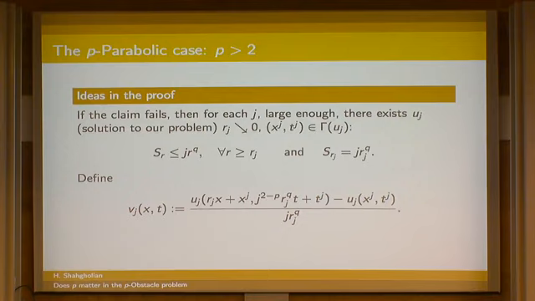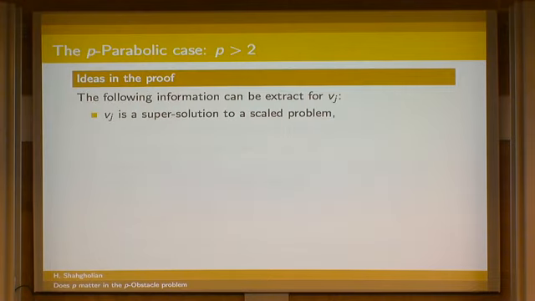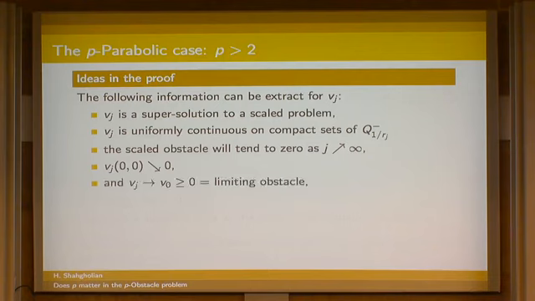Okay? This is bounded, and Vj still satisfies my equation, and I have a bunch of information that I can extract. The supersolution to the scaled problem is uniformly continuous on compact sets.